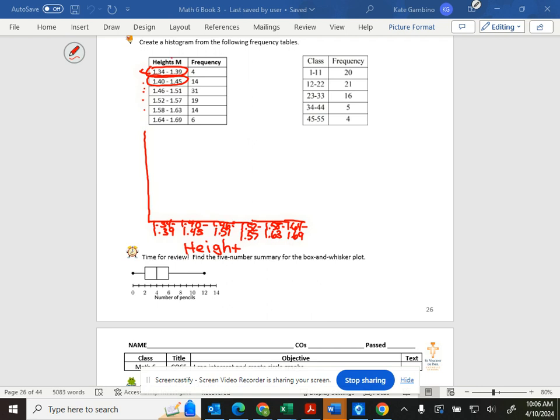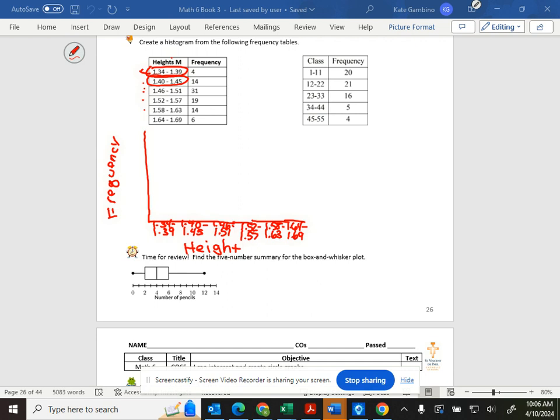If I put height on the x, I'm going to put frequency on the y, and I'm going to label it. And then, just like on the bar graph when I went up the y-axis, sometimes we have to skip count, right?